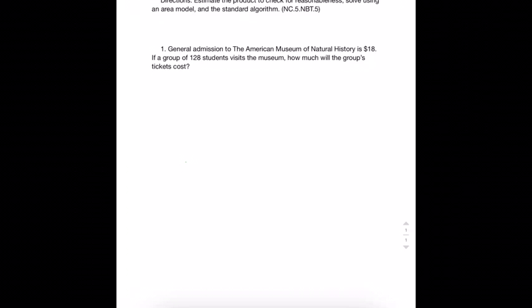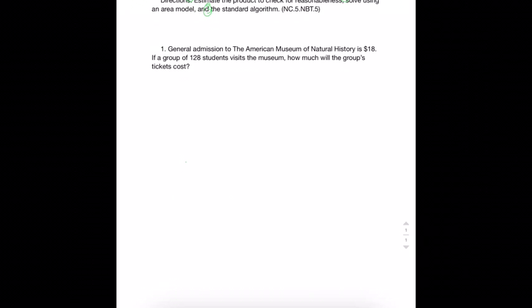All right, guys, so let's take a look at our directions. It says to first estimate the product to check for reasonableness, solve using an area model, and the standard algorithm. So we have three things that we need to do to answer this question correctly. Now let's read the word problem and underline the important information.